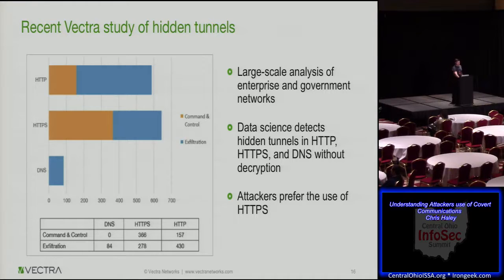As you can see, we have both command and control and data exfiltration represented by the types of tunnels our customers have experienced within their own environments. Interestingly enough, exfiltration is using DNS tunnels to tunnel data out of the environment.